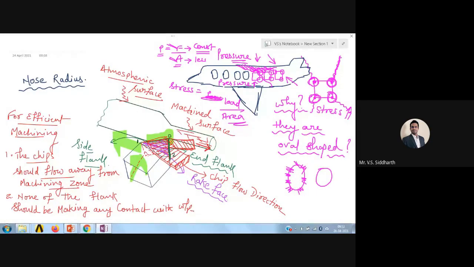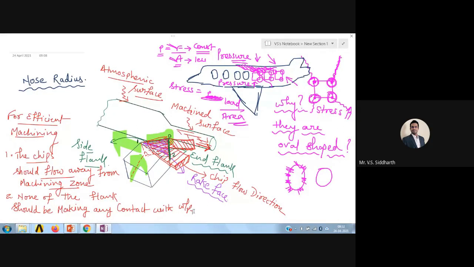So for these two points of efficient machining to be accomplished, that is, the chip should flow away from the machining zone, and the side flank and the end flank should not make contact with the workpiece.